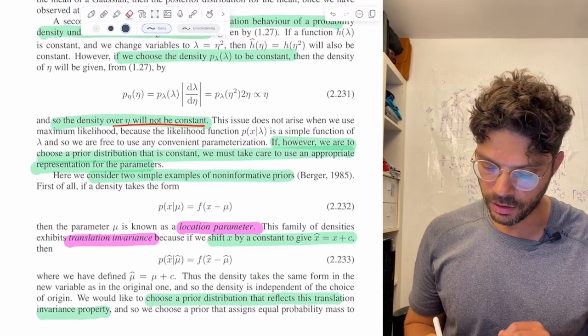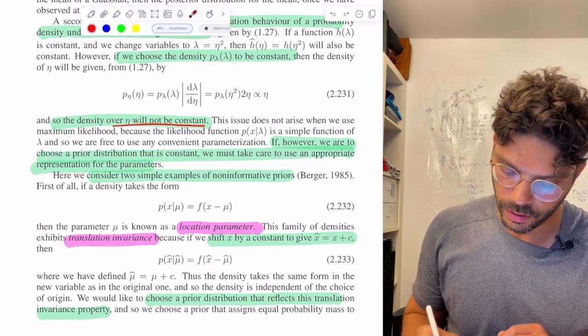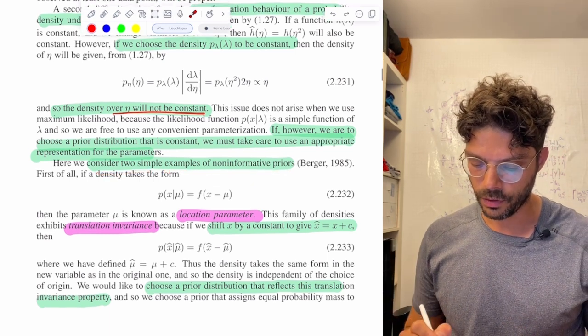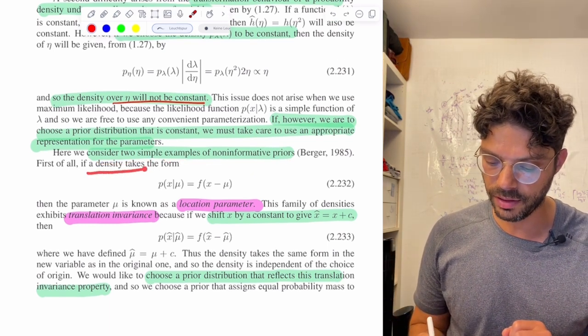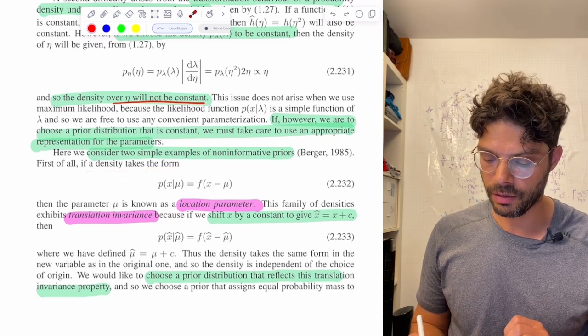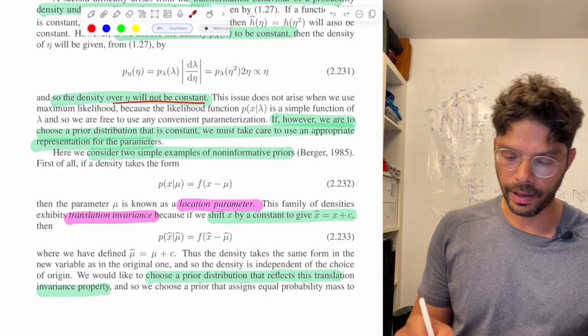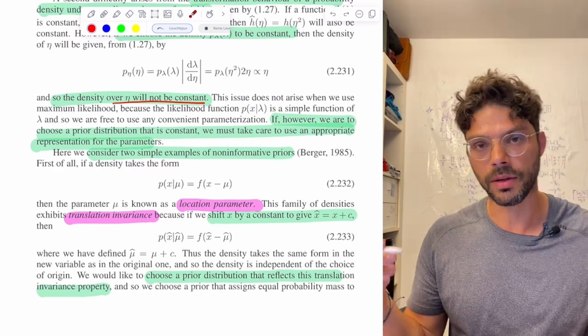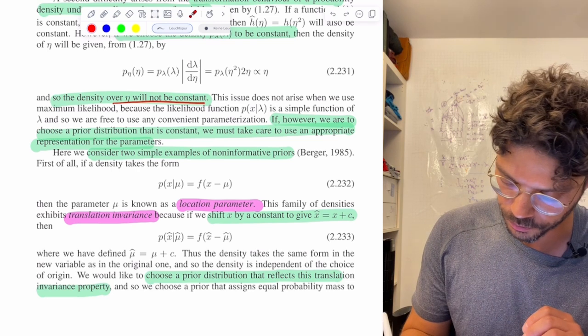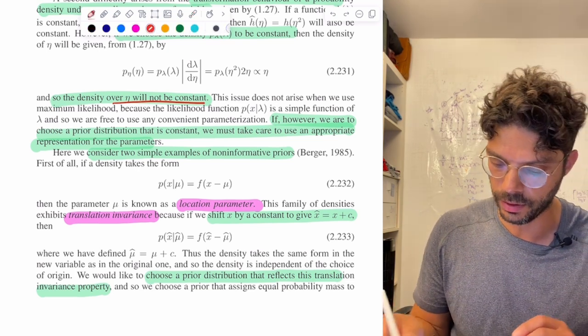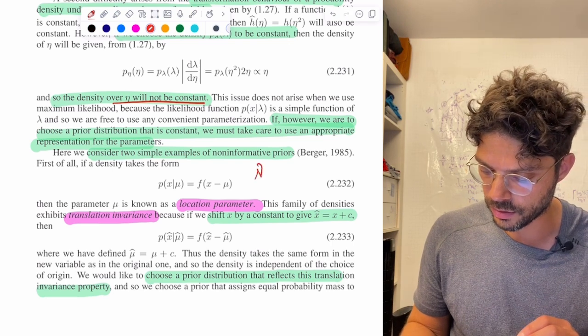So here we consider two simple examples of non-informative priors. First of all, if a density takes the form p of x given mu is equal to f of x minus mu, the thing you should be thinking about is the mean of a Gaussian.